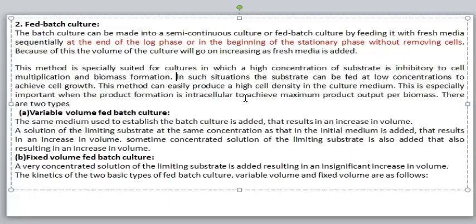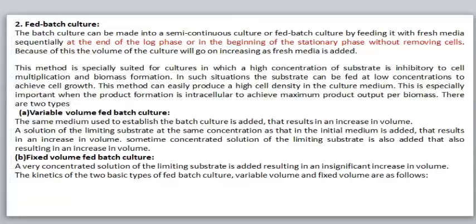This is also used for the production of intracellular products, because certain metabolites are produced intracellularly during the fermentation process, and certain metabolites are produced outside in the broth. So for the intracellular product we use fed batch.